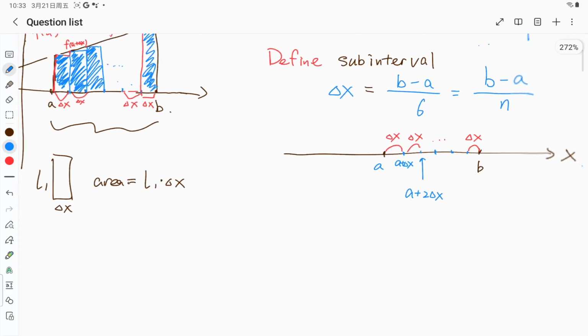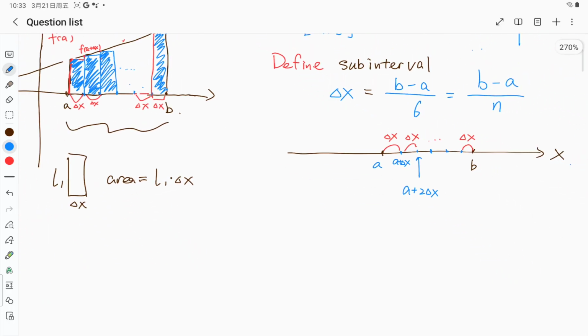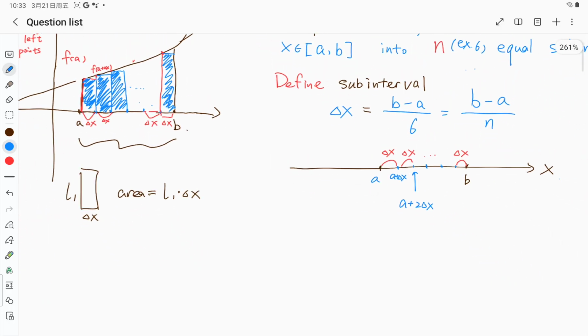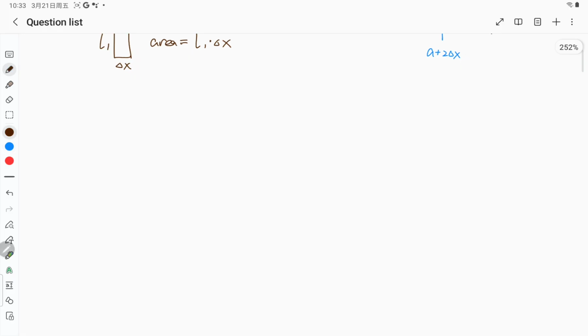So, step two. What is step two? We're just going to deduce from our process what is a Riemann sum, and furthermore, what is a Riemann integral.